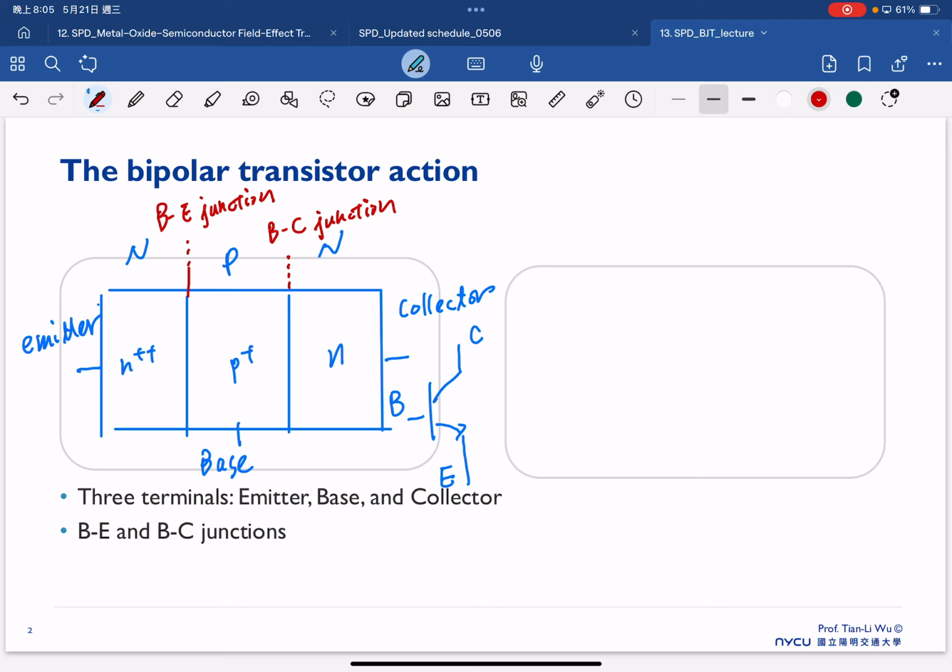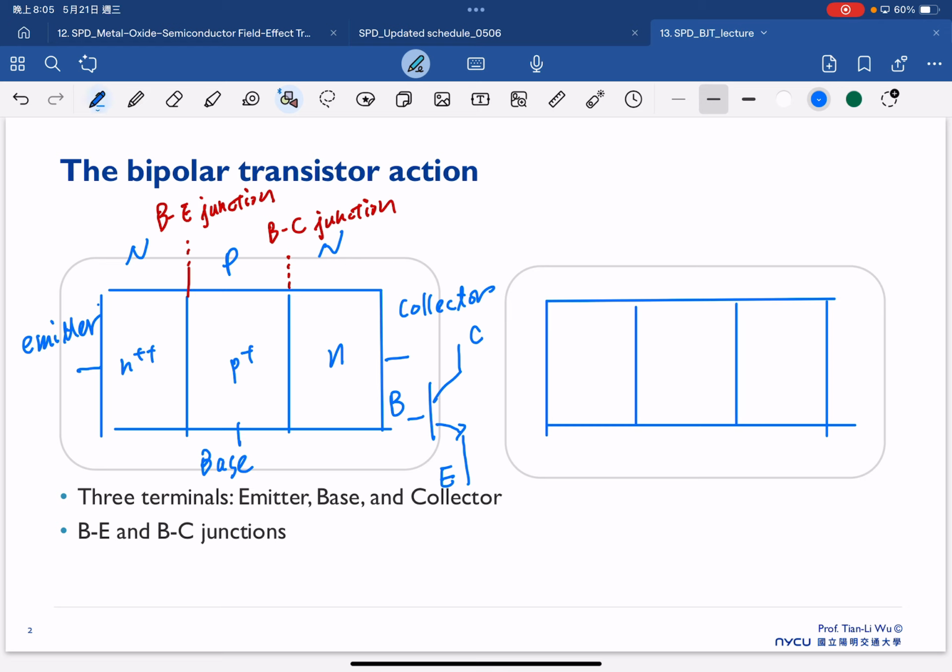But we can also have the structure on the right-hand side, which is the PNP BJT.